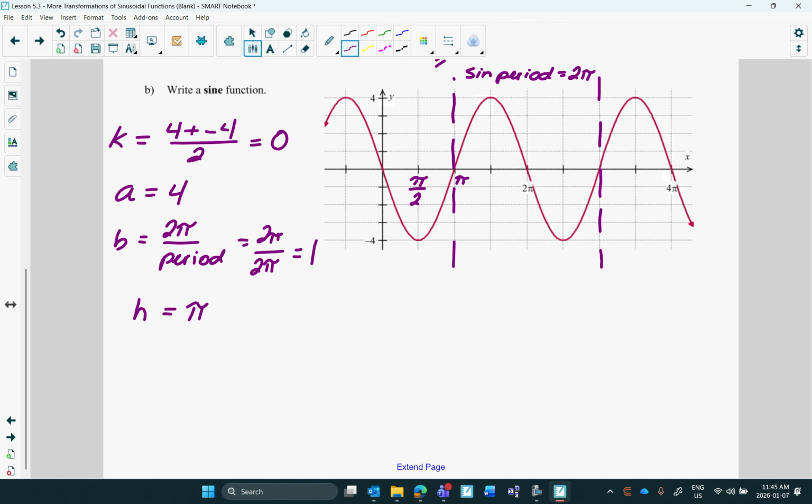Now we're ready to write our equation. y equals a, well this time there is a value of a besides 1, sine. b is 1, so we don't have to write that. But there is a shift, of x minus pi. And then plus the midline, well k is 0, so we're done.